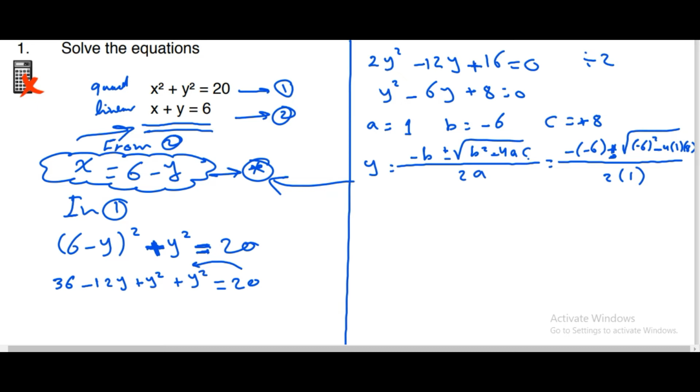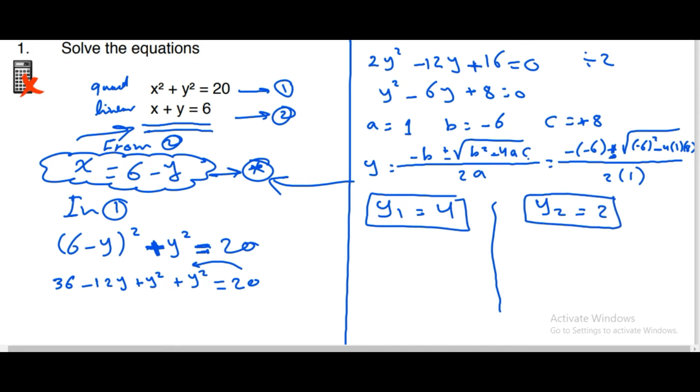So the first value y1 = 4, and the second value, by putting minus, equals 2. Here we have two values for y, so we'll get two values for x. We have to substitute by each value, not only one, unless they put a condition on the value of y.